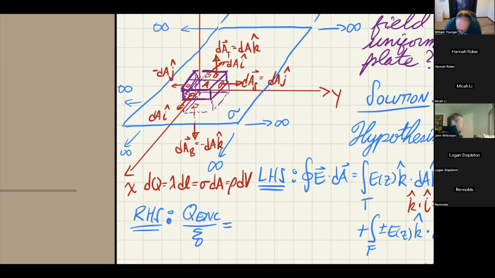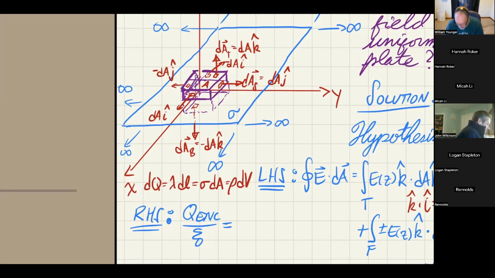That's a type of charge density. The dA is a surface area, so the sigma is a charge per unit area, and the lambda dl, the dl is a line, so the lambda is a charge per unit length. You've got to know these to be able to do any of the integral problems as well as to make sense of the Gauss's law problems.